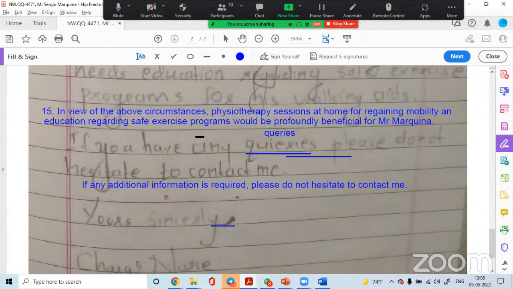Okay, the A is looking like a U. I don't know what it is looking like. Right, very clearly. And the V is looking like a Y. Okay, and why did this Y go so down? Huh? Why so down? "Do not", two words, not one word. Okay, to hesitate to contact me.